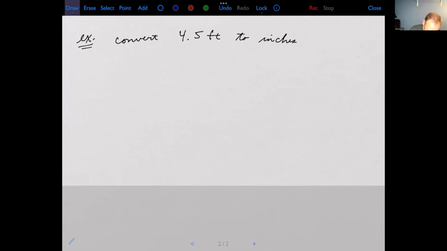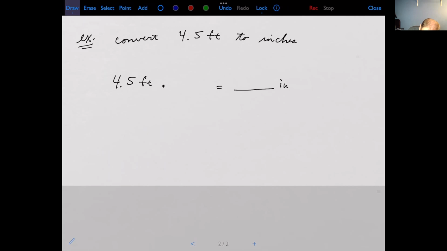The way I do this is I write what I'm given. So I'm starting with 4.5 feet. I want to multiply by some unit conversion factor. The second term here is going to be some unit conversion factor. And then I want my answer to have units of inches, so IN for inches.